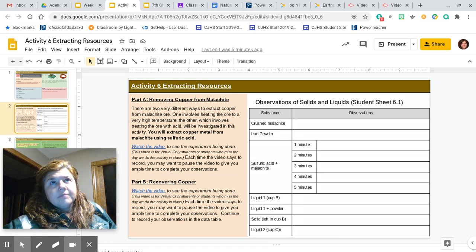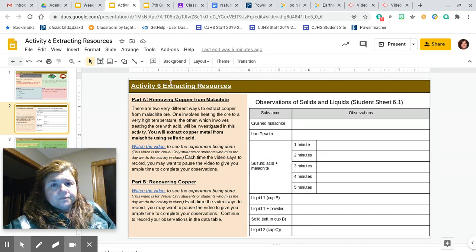So, if you're an A student, we're preparing for Wednesday's lab. If you're a B day or a virtual only kid, you are preparing for Thursday's lab. But we need to make sure that we're prepared for it.